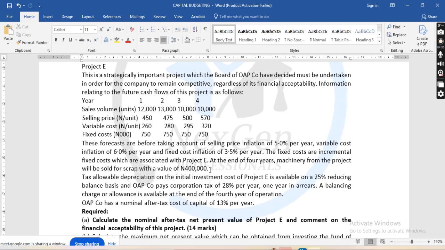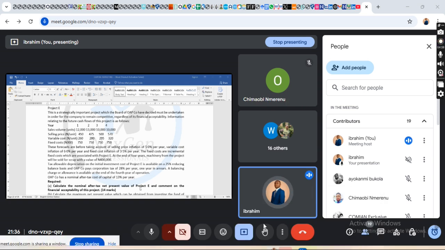Now, the next one is tax allowable depreciation. I beg you in the name of God, when you see any PM question, don't rush. Just calm down. The first thing is to read the required.